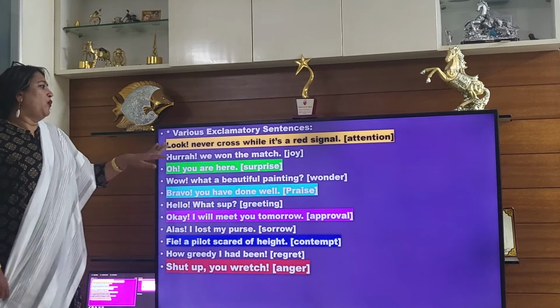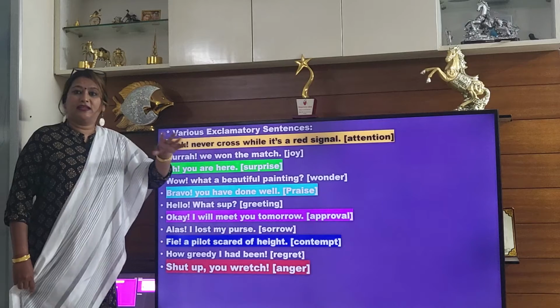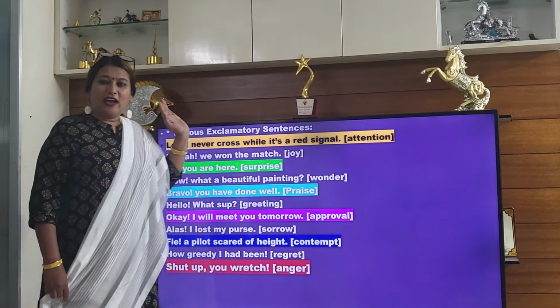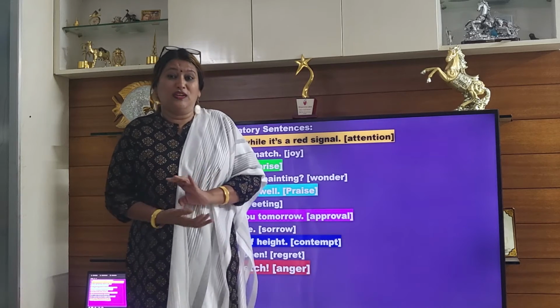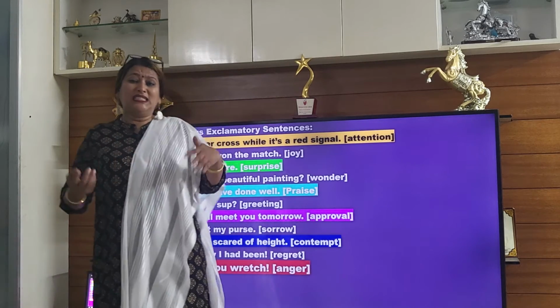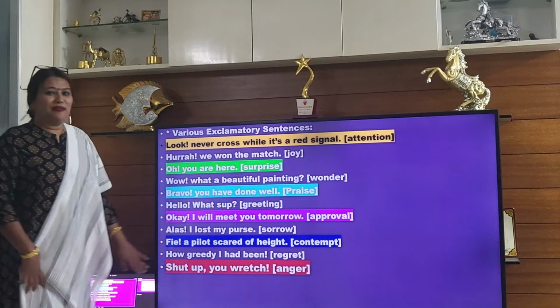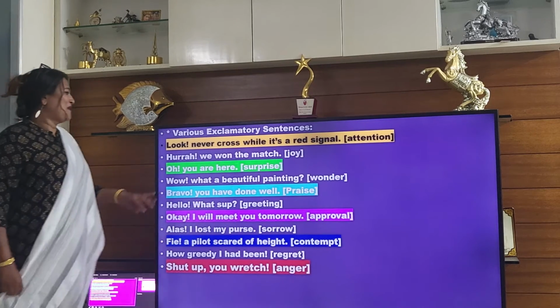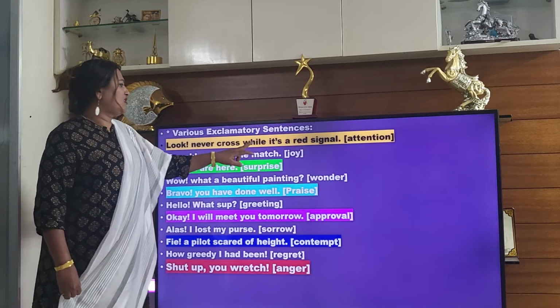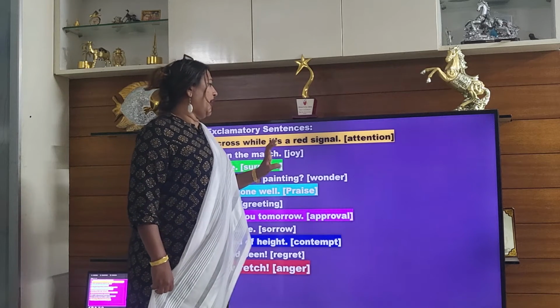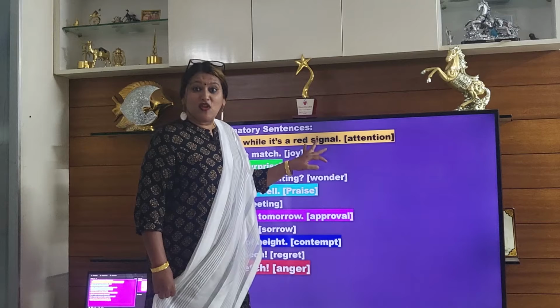Now next come various exclamatory sentences. Remember I said I listed a few things about the strong feelings of joy, sorrow, and so on. So these are those. Look, never cross the road while the red signal is on.